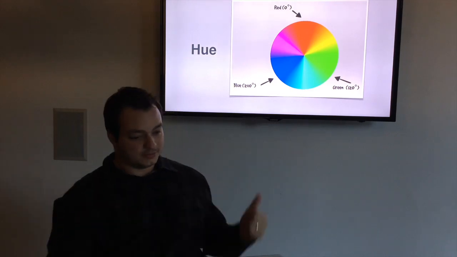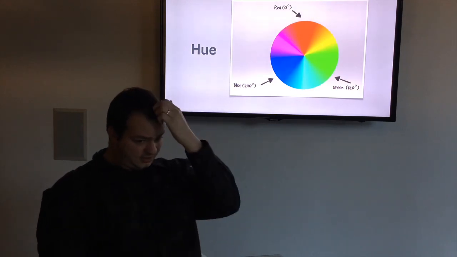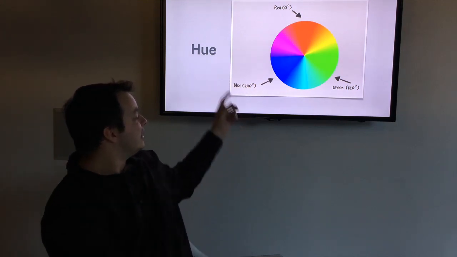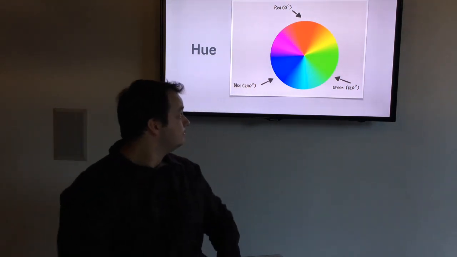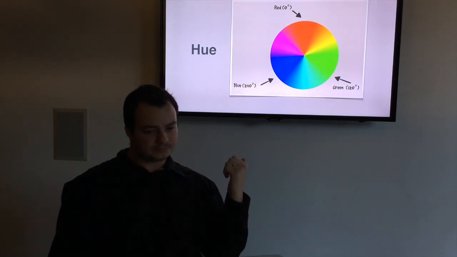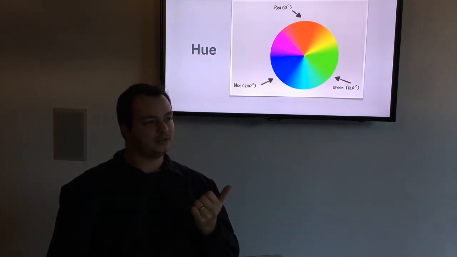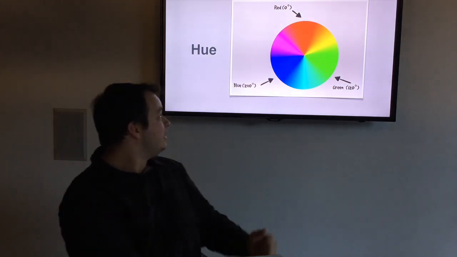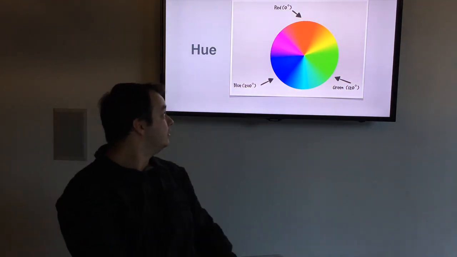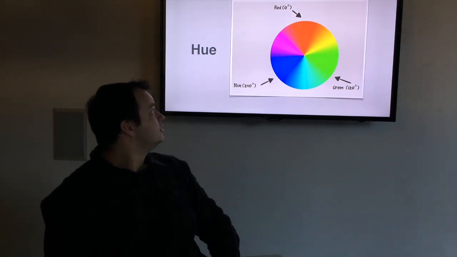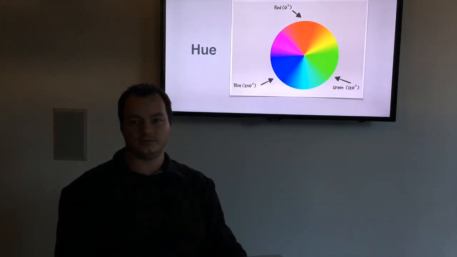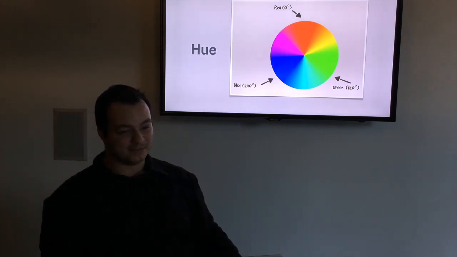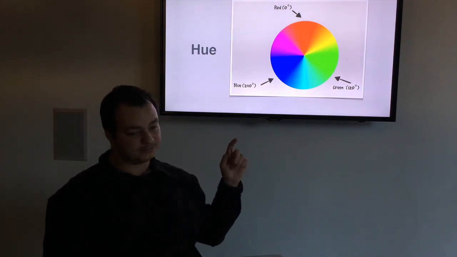Let's talk about the hue. Which color are we going to use? For example, this is the color well. Is this the correct name? Yeah, color well, cool. Depending on which number you get, it's from 0 to 360, right?